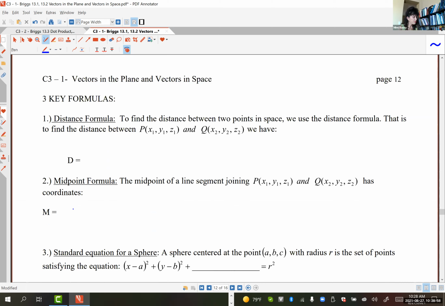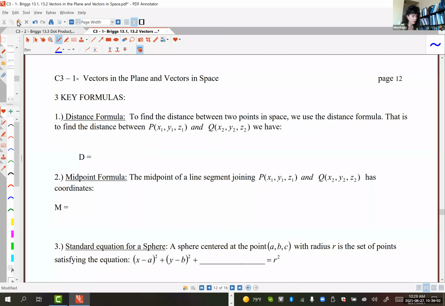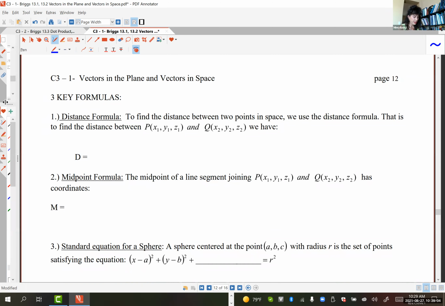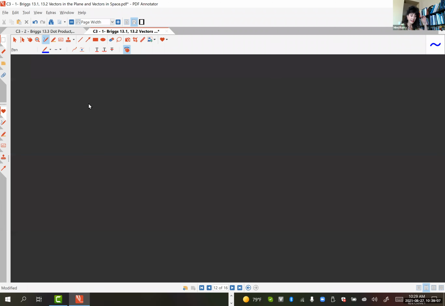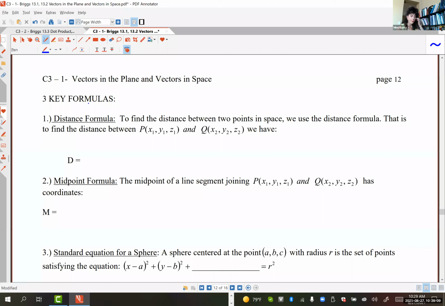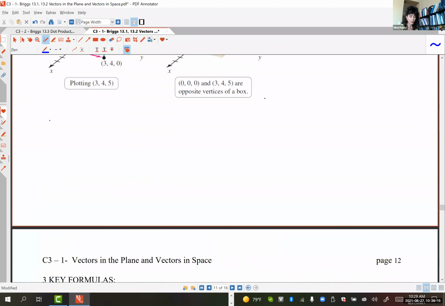Let's look at some formulas in 3D. We're going to look at 3 formulas here: the distance, midpoint, and standard equation for a sphere. The distance formula in 3D is super similar to the distance formula in 2D. So let me just remind you of what that looked like.